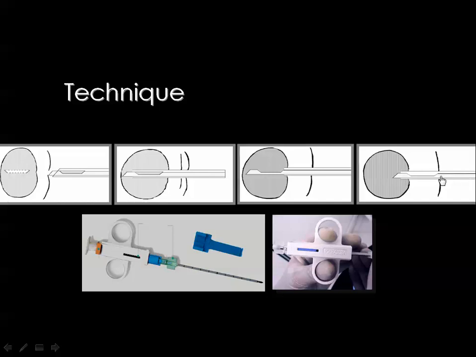Then you push the inner needle to be inside the lesion. Then you fire the needle in order to cut a part of the lesion and go inside the outside needle. Then you draw both needles outside.